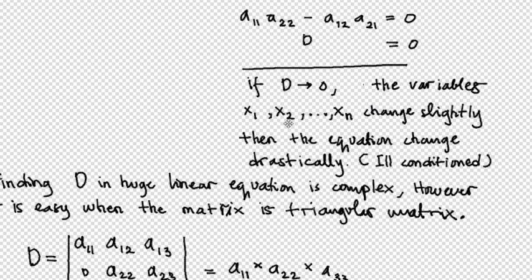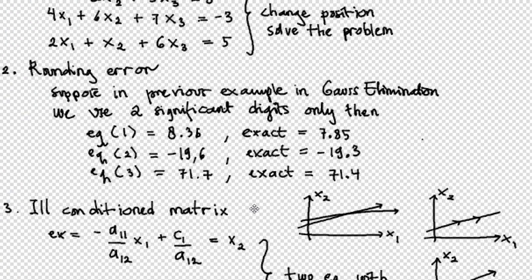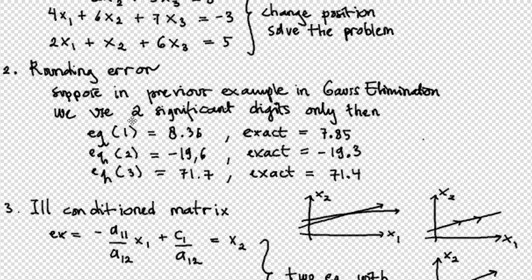then for the variables x1, x2 and xn, if we change these variables slightly, then the equation will change drastically, or we can say that this is ill condition. As you can see here, in the example of this condition, we just change the rounding.